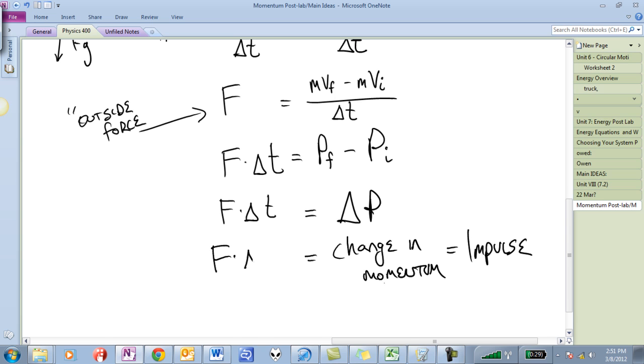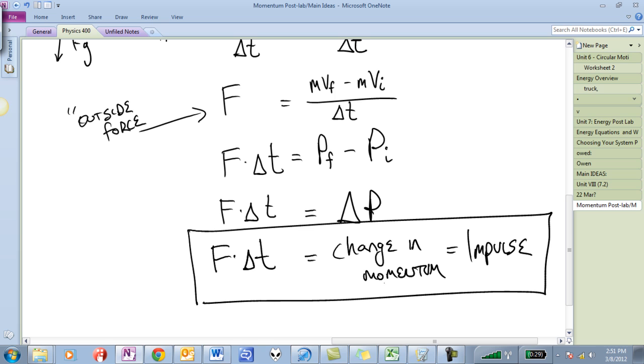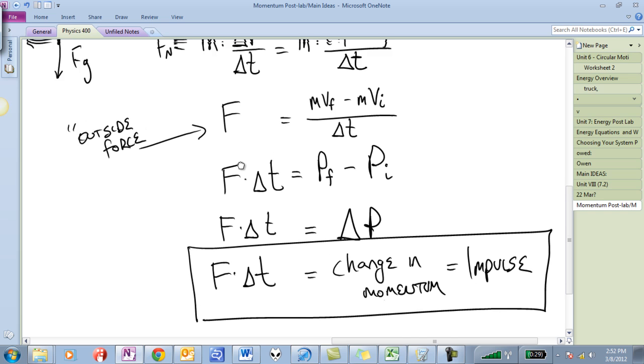And that is equal to F times delta T. So, in conclusion, a really easy way to understand impulse is by doing F times delta T, and this is going to easily be able to calculate the change in momentum or the impulse on a certain object.